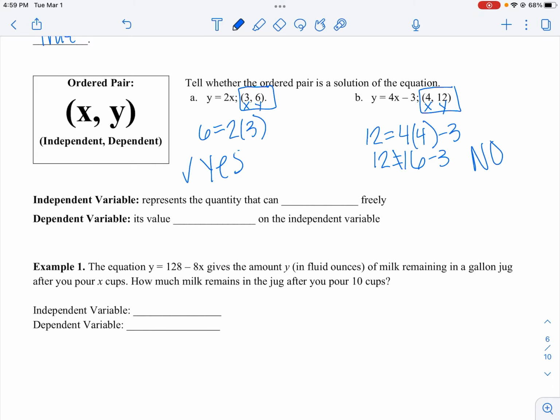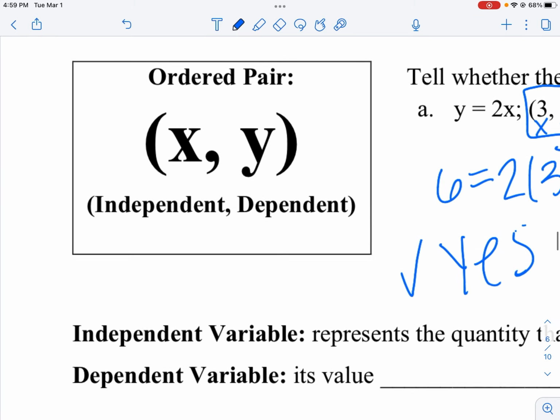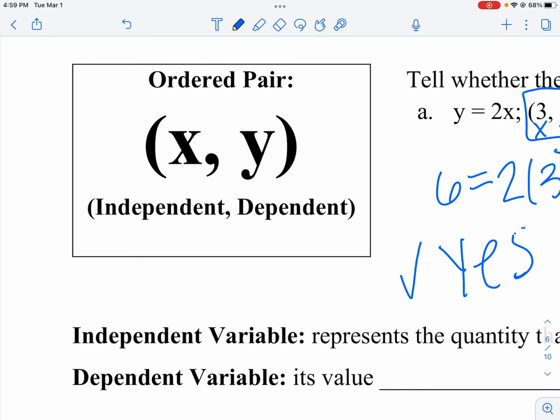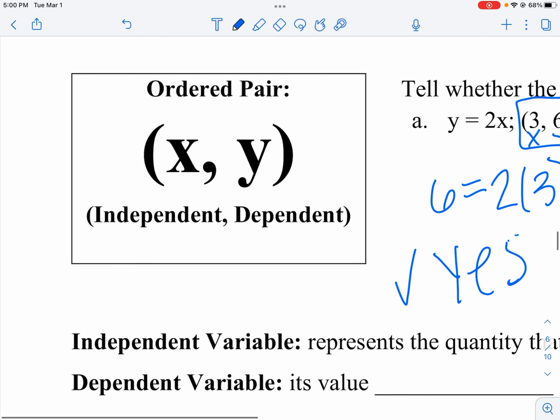Okay, so I want to look over here at this box now. And if I'm going too fast, go ahead and pause it to catch up. Okay, so our ordered pair says x, y. Our x is always the independent variable. Okay, hopefully you have talked about this in science a little bit. And the y is always the dependent.